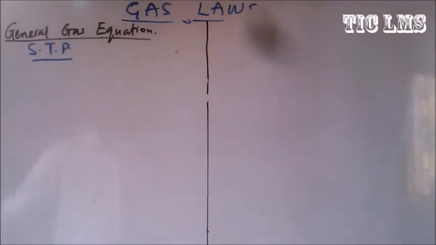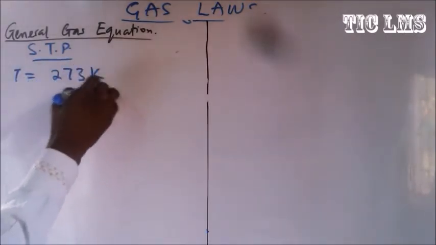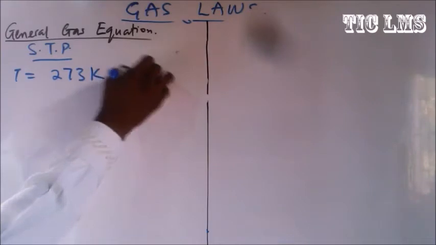Now at certain times we are asked to make our calculations in standard temperature and pressure. Standard temperature and pressure refers to a standard, which is a point of reference for the purpose of calculations that have to do with gases. The standard temperature is 273 Kelvin, which is the same thing as 0 degrees Celsius.